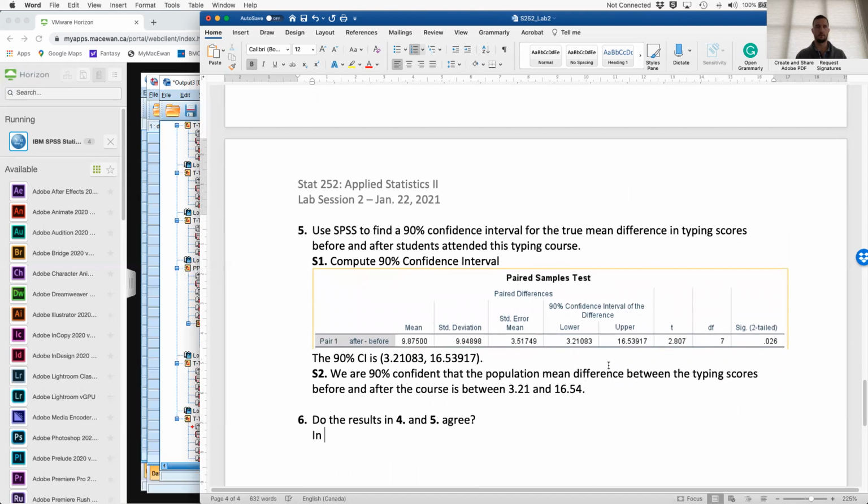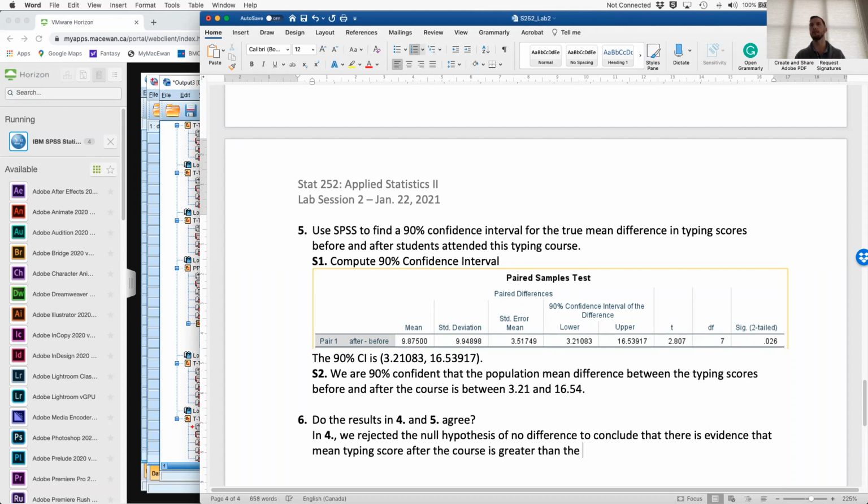So in 4, we rejected the null hypothesis of no difference. So in question 4, we said we can reject H naught to conclude that there is evidence that the mean typing score after the course is greater than the mean typing score before the course.